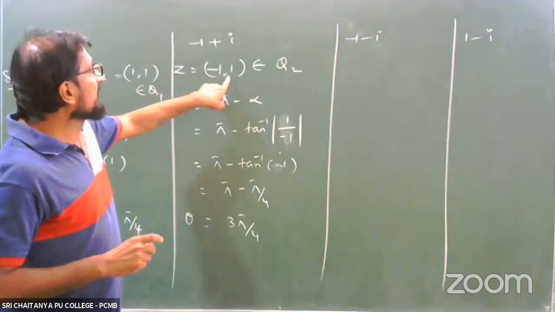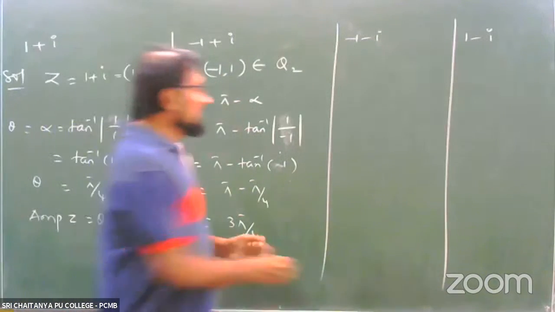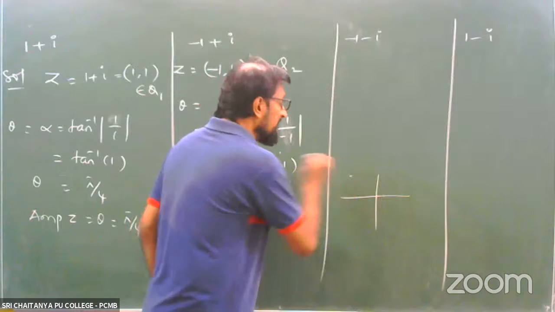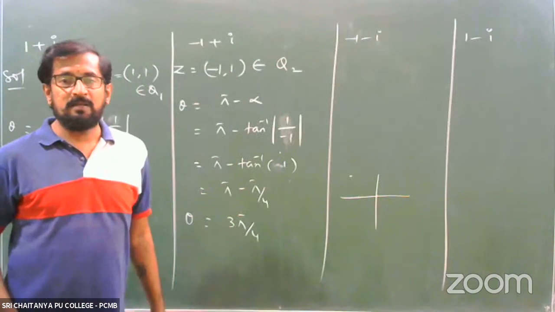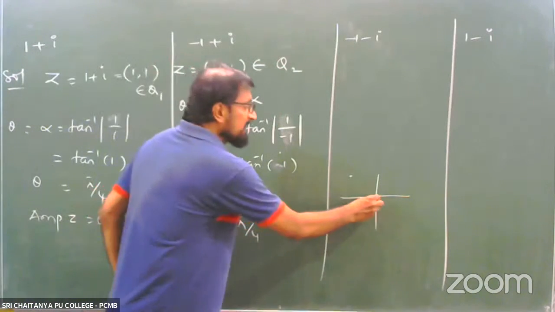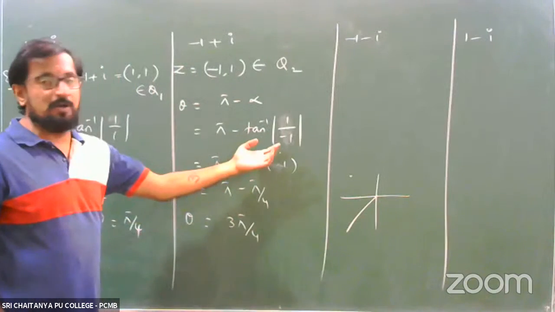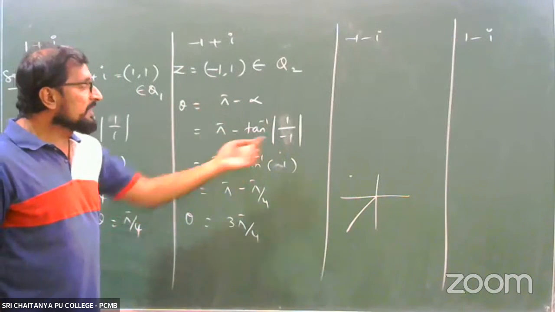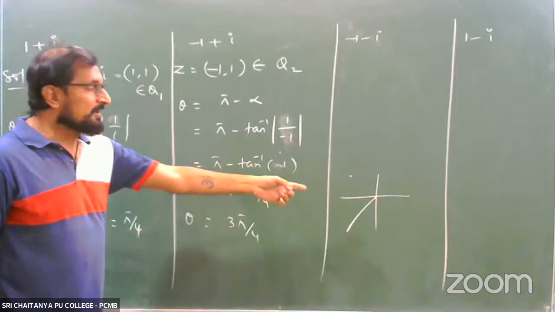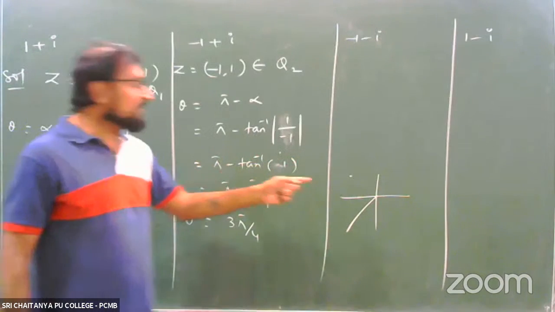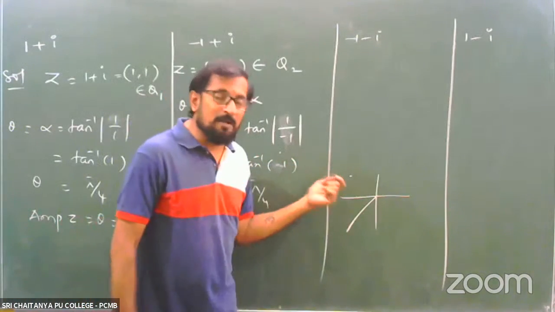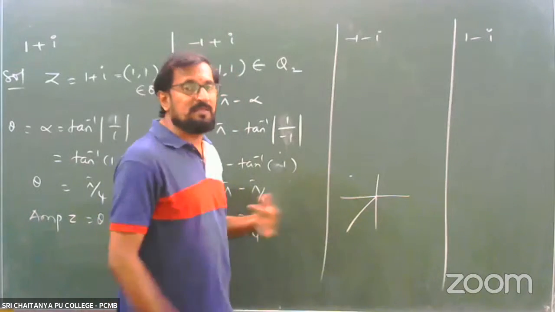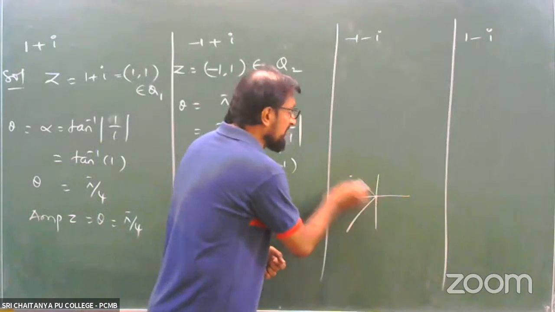See here, the complex number will be in the second quadrant, but the angle you are going to get in the third quadrant if you won't take modulus. That's why you should take modulus here. So that is wrong now. That means suppose the complex number is in the second quadrant, the terminal ray should be in the second quadrant.